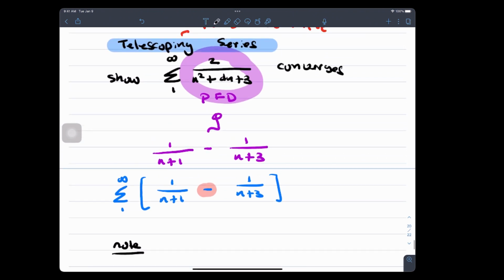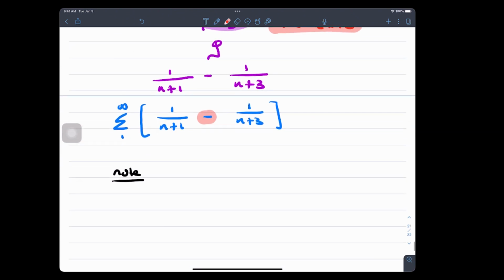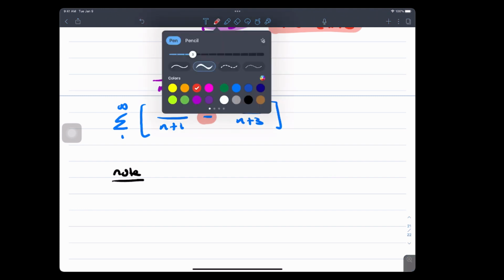first of all, this was not geometric. It's not a geometric series, so we're going to have to consider the sequence of partial sums.